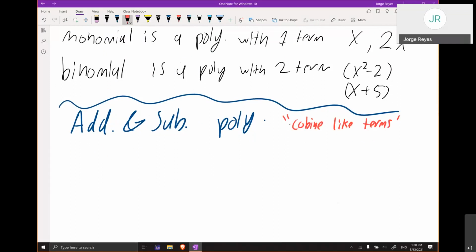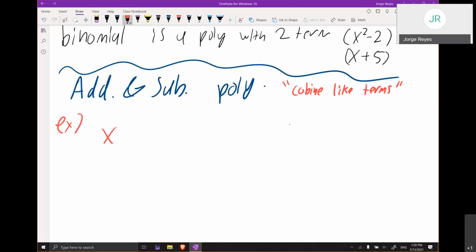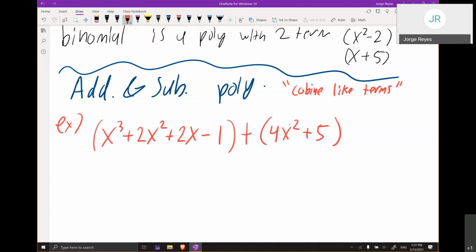Okay, so I need to explain what that means, okay? So here's an example. Okay, if I have x cubed plus 2x squared plus 2x minus 1, okay? And I'm adding that to the polynomial 4x squared plus 5. Okay, what do I do?